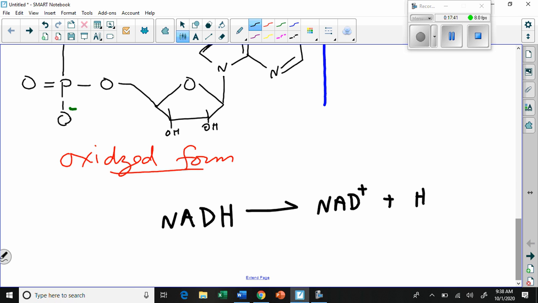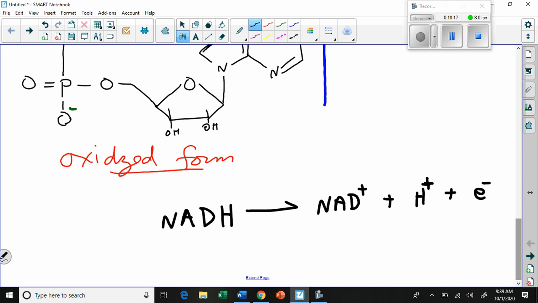Now that H could go into solution, it could be attached to another molecule, whatever happens there, and in fact I think it would be an H plus left over. Oops. An H plus. And then we could also write 2 electrons, or sorry, 1 electron. I'm thinking about 2 because of the process later on. Plus an electron.